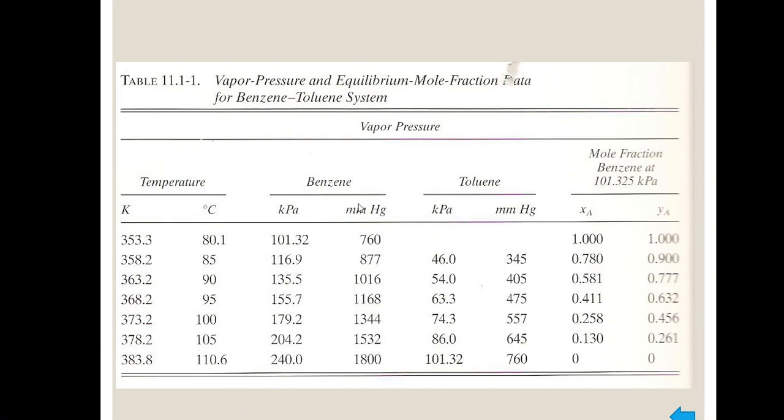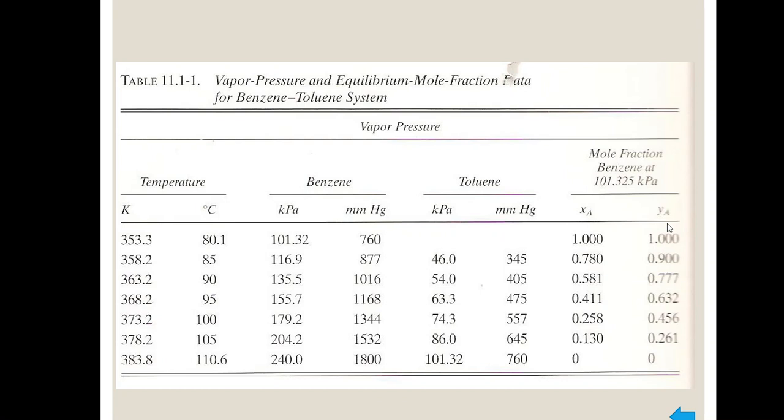The next two columns would be that for benzene vapor pressure, and the next two columns again will be that for the vapor pressure of toluene, and the last two columns will be for the mole fraction of benzene. This is for the liquid phase, for the XA, and for the YA, that would be for the gas phase. Now, when we speak of the system benzene and toluene, A refers to benzene.